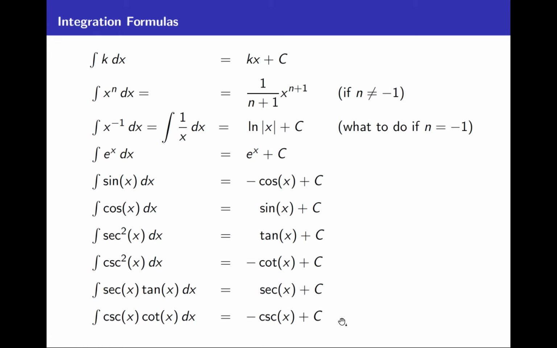And our last trig function differentiation formula in reverse would give us that the integral of cosecant x cotangent x dx equals negative cosecant x plus c. And that's correct because if you took the derivative of negative cosecant x plus c, you'd get cosecant x cotangent x.